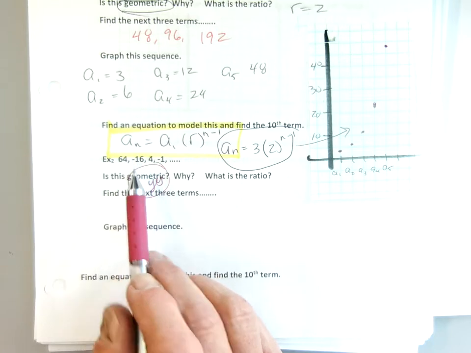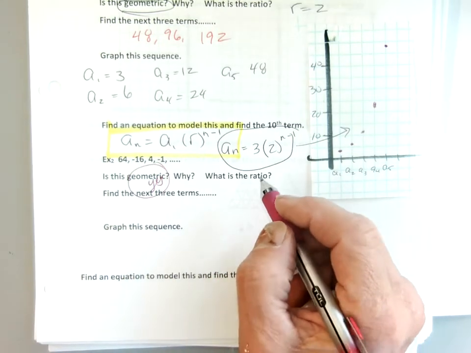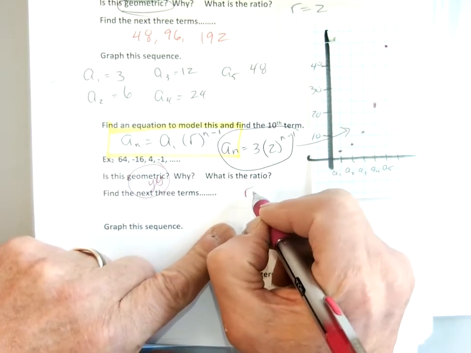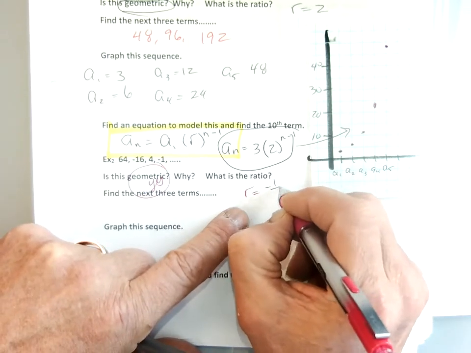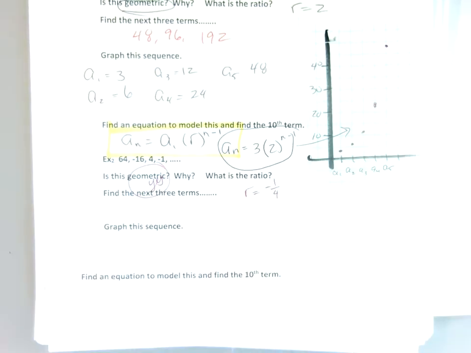Awesome. Can I say what you said? You're totally correct. Can I say it like this? We're multiplying by 1/4 is the same. It's exactly what you said, isn't it? You said divide by negative 4. I'm going to multiply by negative 1/4. We're saying the same thing, aren't we? Good job, Grace. So my ratio is negative 1/4.